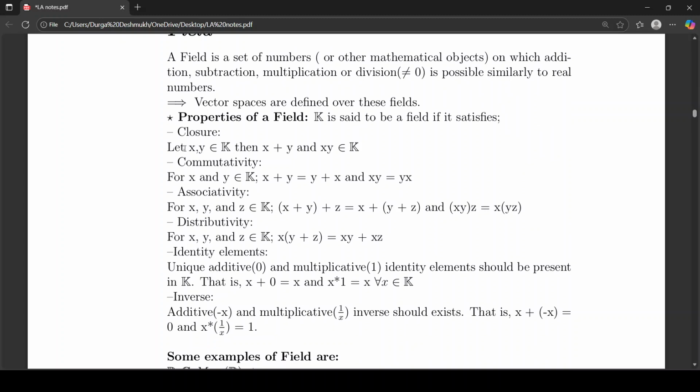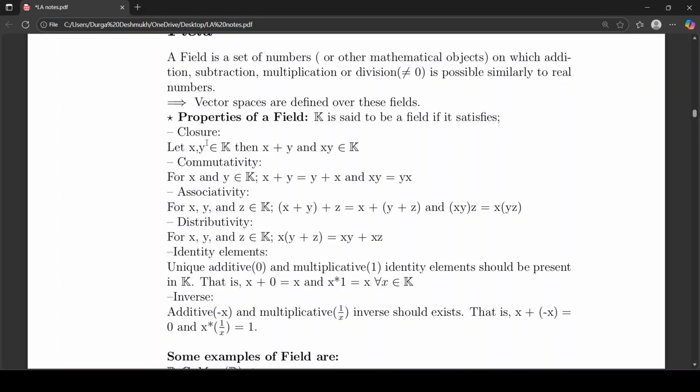First is closure, that is if x and y are two elements in that field or in that set, then their addition and multiplication should be in that set as well. Then commutativity: for any two elements, their addition is commutative, like x plus y is equal to y plus x, and same for multiplication, so xy is equal to yx. The elements should be associative, that is x plus y plus z should be x plus y plus z with the grouping changed, and similarly with multiplication.